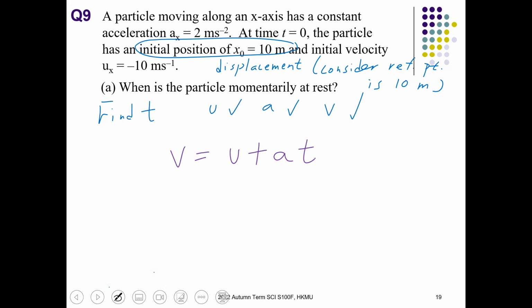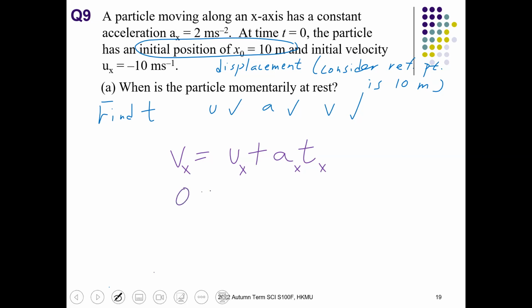Since this is moving along the x-axis, in some cases we can put down the subscript. The subscript just specifies we are considering the motion in the x direction. The v will be the final velocity, where this is the situation where the particle is momentarily at rest.